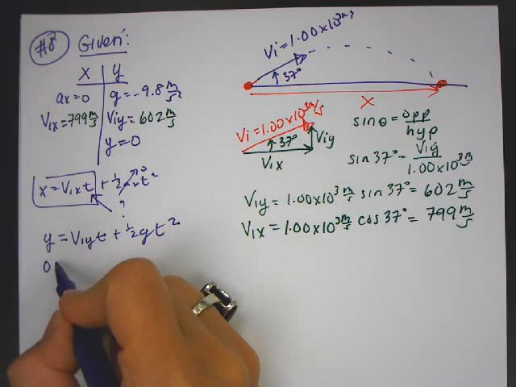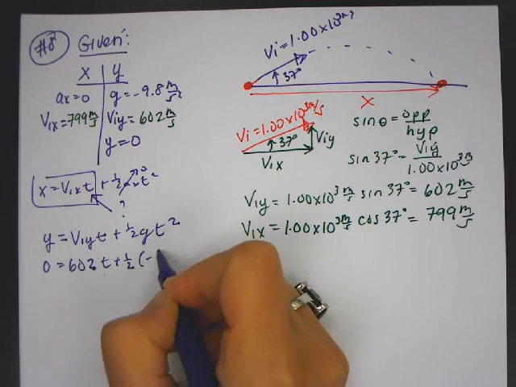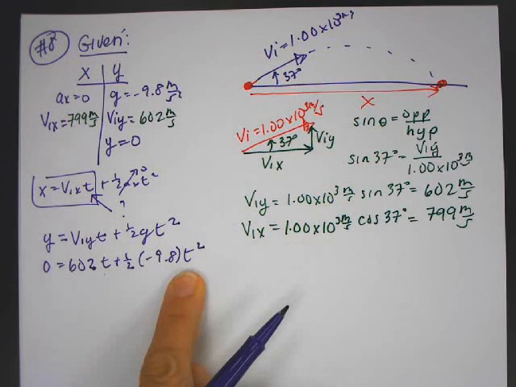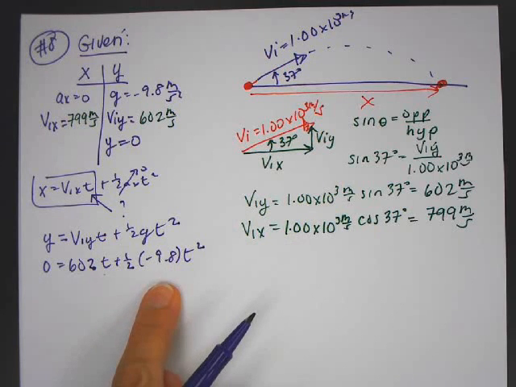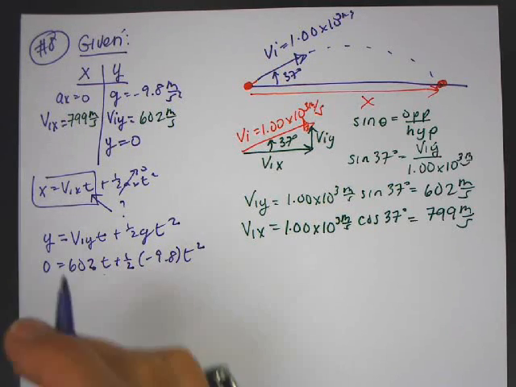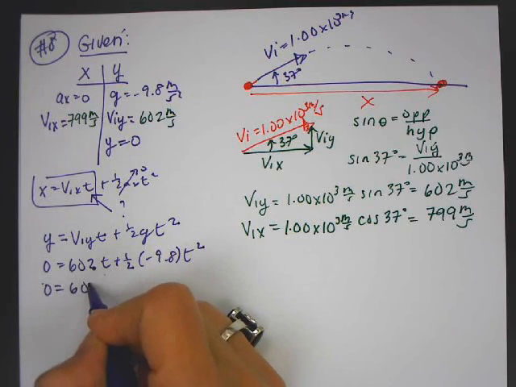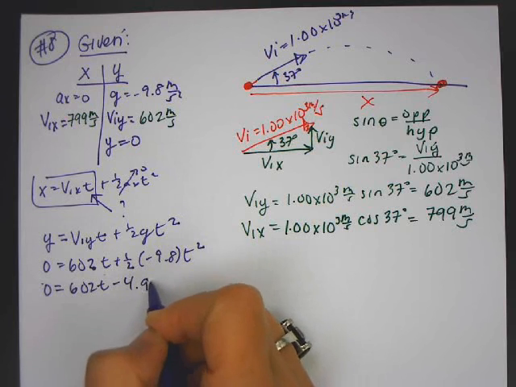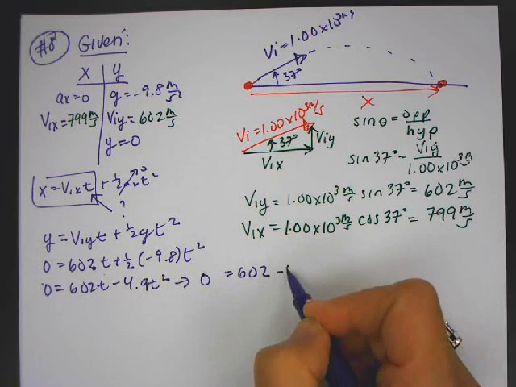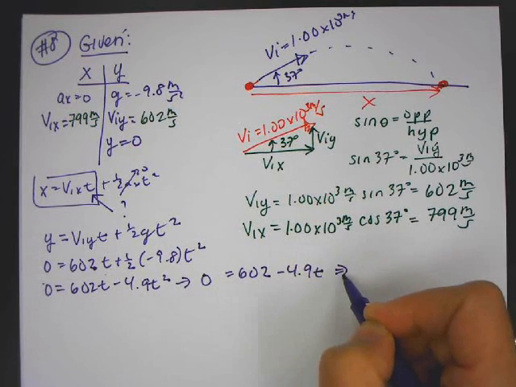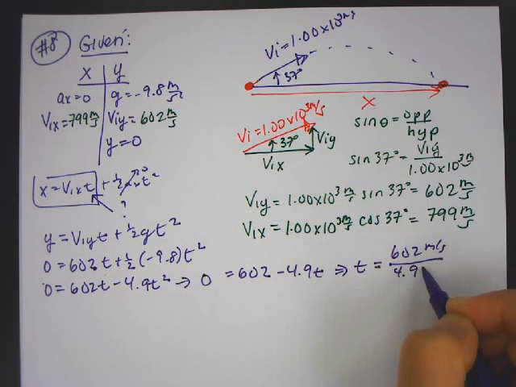So when I do this, I have 0 as 602t plus 1/2 negative 9.8t squared. The problem is I have a t and a t squared. Because this is not math class, what I can do is I can factor out a t and just solve for the positive value of t. So 0 is equal to 602t minus 4.9t squared. Factoring out a t, 0 is equal to 602 minus 4.9t. So t is equal to 602 divided by 4.9.